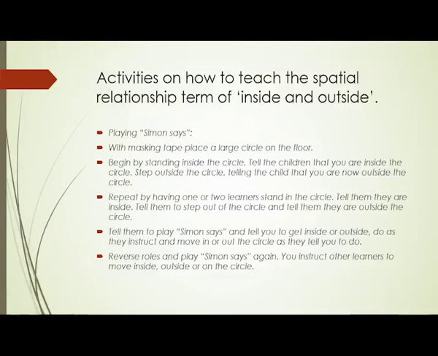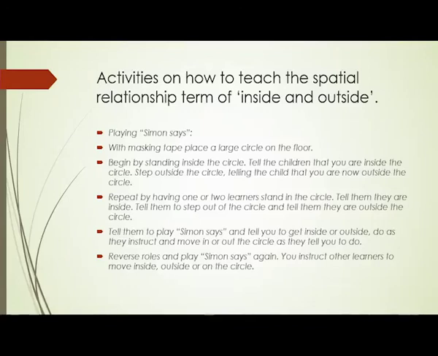Activities that you can do on how to teach the spatial relationship terms of inside and outside. As a teacher, what activities can you do? Play Simon Says. With masking tape, place a circle on the floor. We draw a circle on the floor. Begin by standing inside the circle.